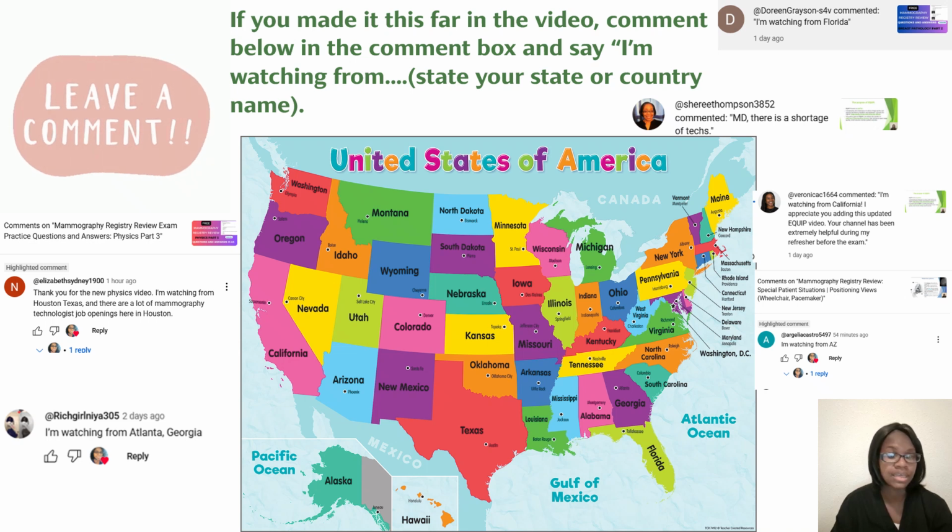Also, the same thing for Florida. I've been watching a lot of YouTube videos where a lady is trying to move from her current state to Florida to get another job, and this isn't related to radiology, this is blogs or whatever. So anyway, I'm sure all of these states have a lot of jobs, a lot of things to offer.